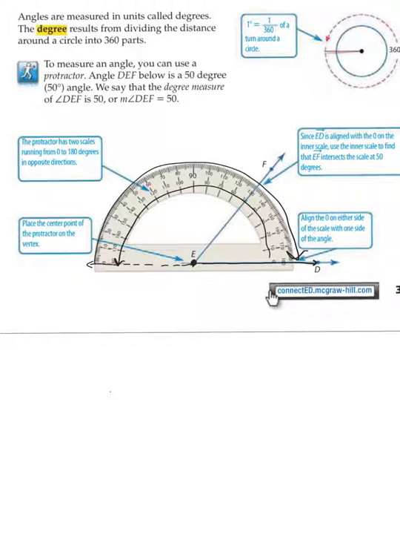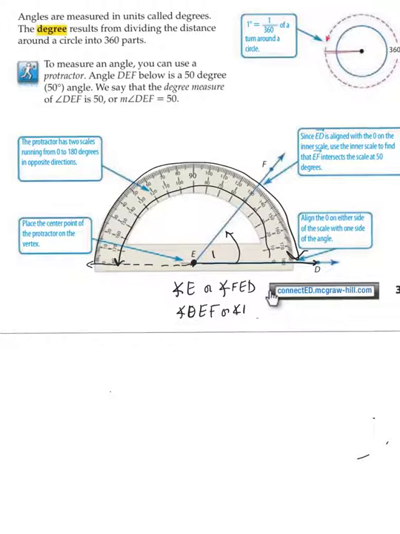Now, this angle is smaller than 90 degrees, right? It's smaller than a right angle. So you know you're going to be reading the inside numbers. So this particular angle, I can call angle E because there's just one angle there, or I can call it angle FED, or angle DEF, or I can call it angle 1 if I want to put the 1 in there.